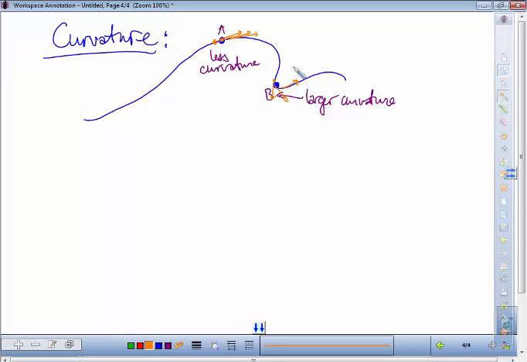And if we see the way the tangent vector changes, we can kind of see a small difference of change here and a large difference of change here. So the tangent vectors don't change much. And then here, the tangent vector changes a lot.